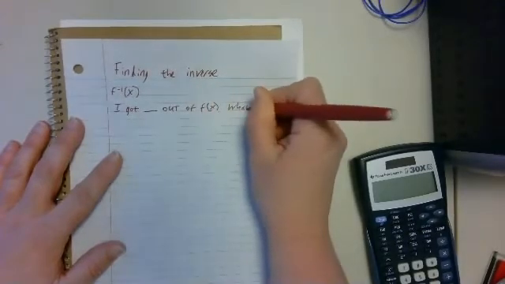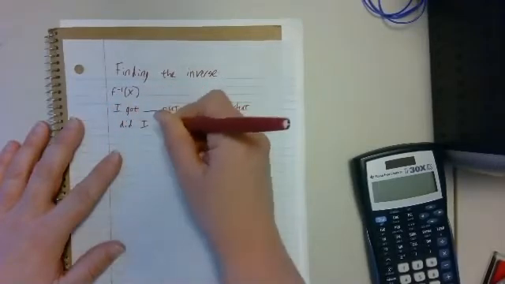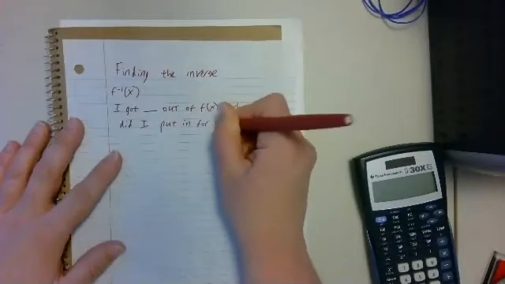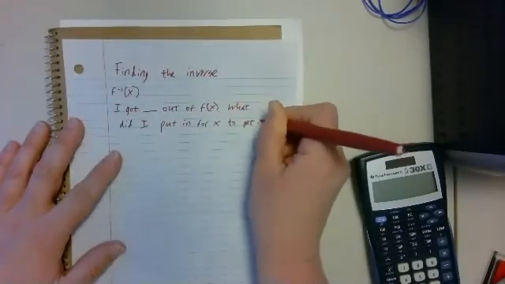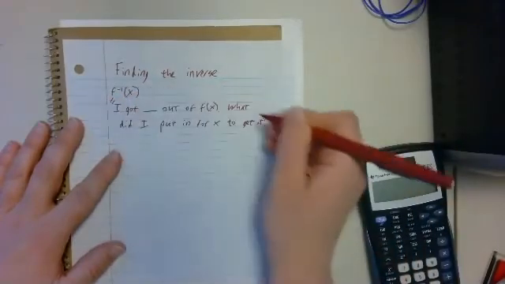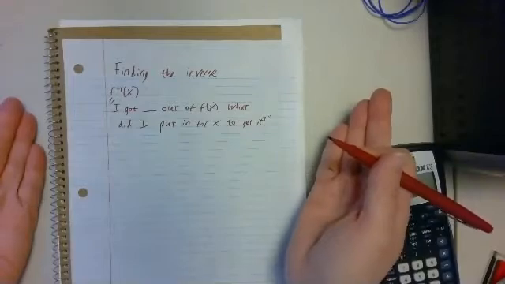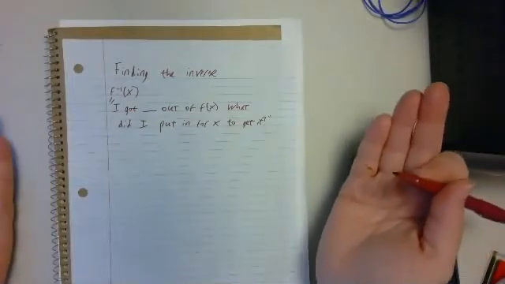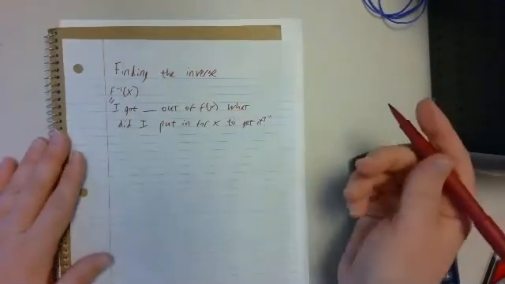What did I put in for x to get it? So that's what this means. That's what we're doing here, is we're building the function that lets us answer that question. It's also the undo button for f of x. It undoes whatever happened to it, and we spit out the original thing.